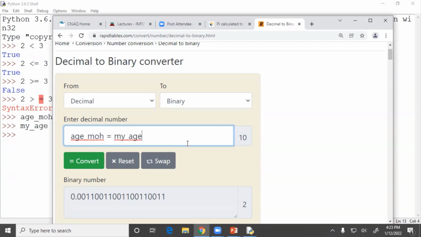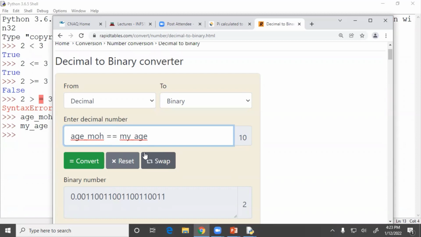Excellent. So whatever inside age mo, delete it and put my age. Is this clear? That's what it means. What does it mean? Compare whatever is inside this variable, which is called age Muhammad, to whatever is inside this variable, which is called my age, and give me true if they are equal and false if they are not.